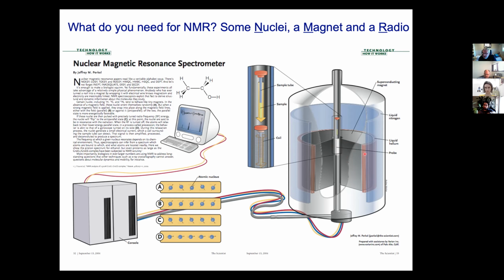Now, liquid helium is quite cold, and if you went directly from liquid helium to room temperature on the outside of the magnet, the liquid helium would evaporate pretty fast. And so what they did is they said, well, we just take this liquid helium and we want to keep it as cold as possible. So they put another thermos around it, which is filled with liquid nitrogen.